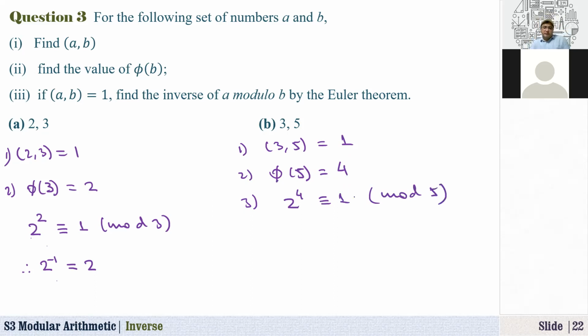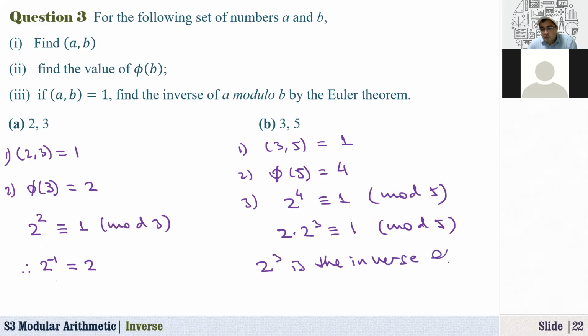If you divide by 5, the remainder is 1. So I can write 2 to the power of 4 as 2 times 2 cubed, that is congruent to 1 mod 5, which means that 2 cubed is the inverse of 2 mod 5.